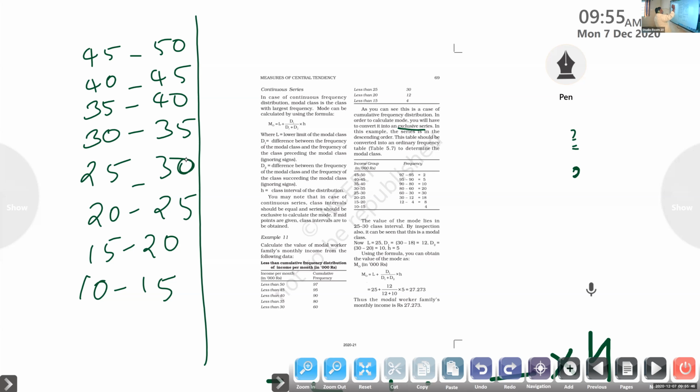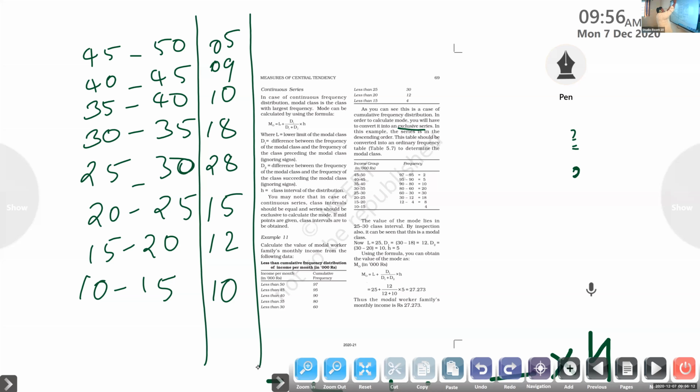Then I'm giving frequencies here. First frequency: 5, 9, 10, 18, 28, 15, 12, 10. This is set 1.